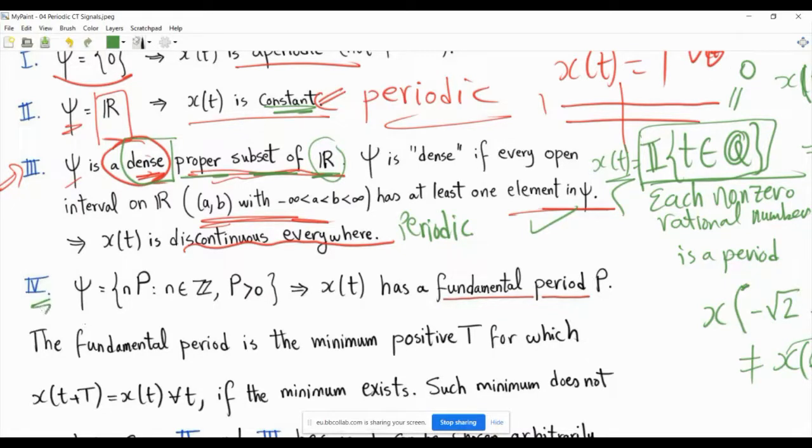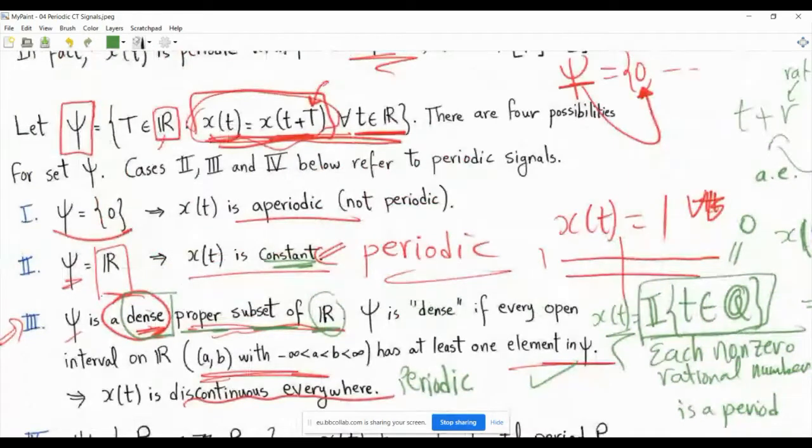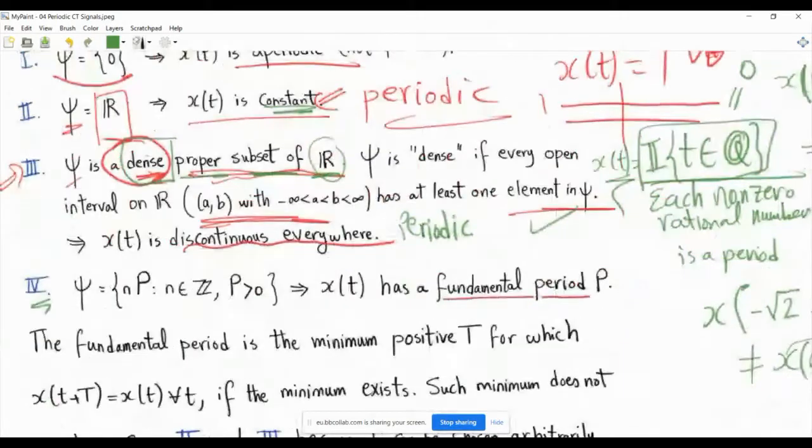Now the fourth possibility is that the set psi, again, remember what is the set psi? It's the set of all possibilities that satisfy the definition of periodicity, but we also allow 0, so that this set is guaranteed to be non-empty. So it always has the 0 in there. So basically, you can have psi being the integer multiples of some strictly positive real number.